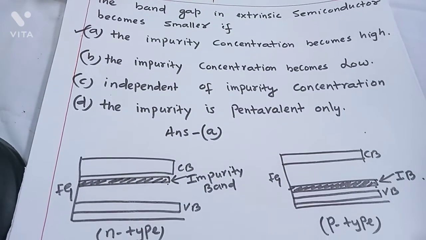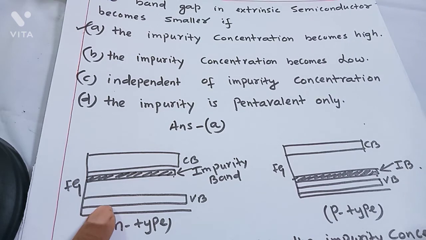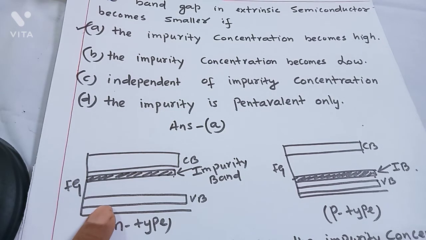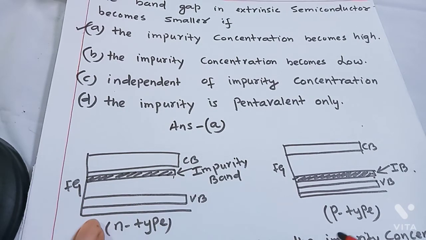Now, when we add impurity, if it is pentavalent, a donor level is formed. If it is trivalent, an acceptor level is formed.